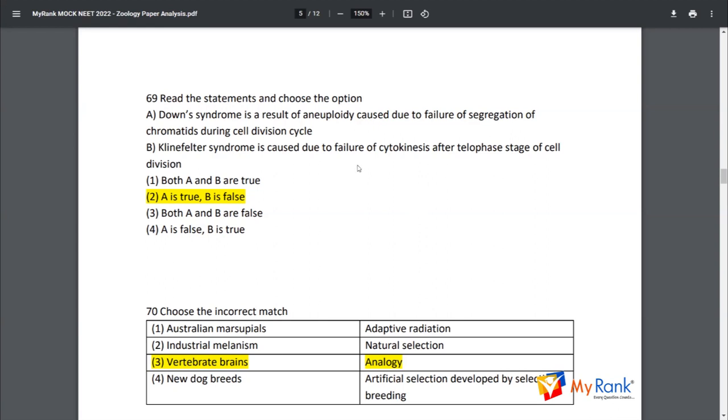So that is not cytokinesis. Cytokinesis means division of cytoplasm is what happens majorly during this stage. So it is not failure of cytokinesis. So option B is a wrong statement. So what is the answer here? Option A is true and option B is false. That is the second option.